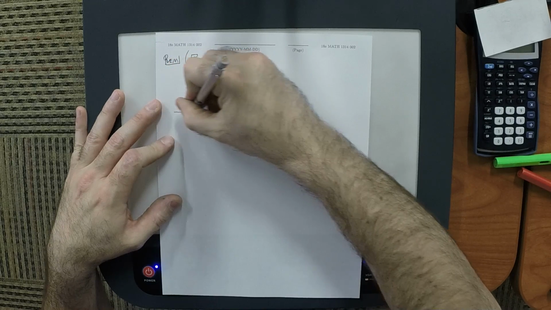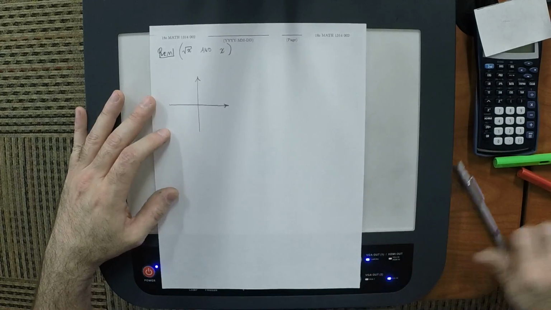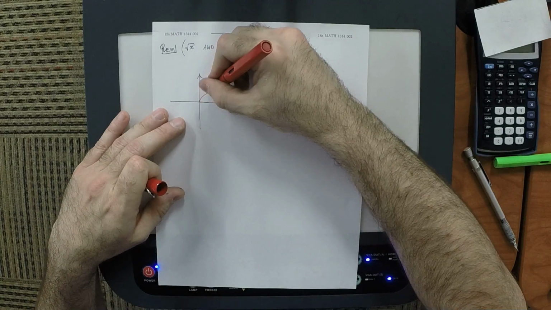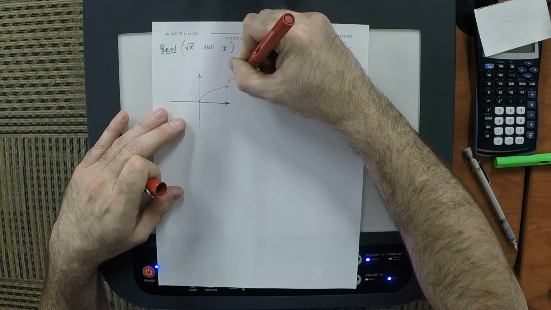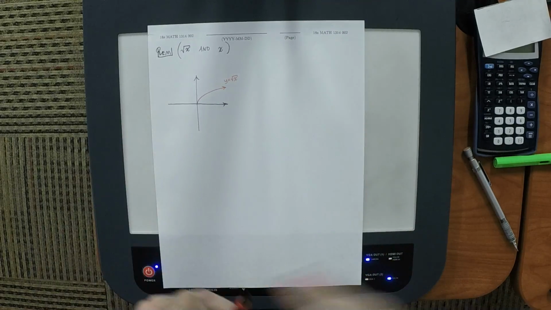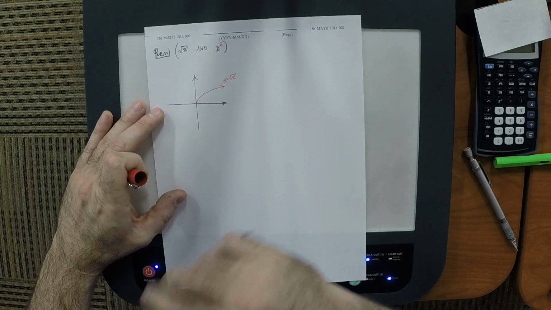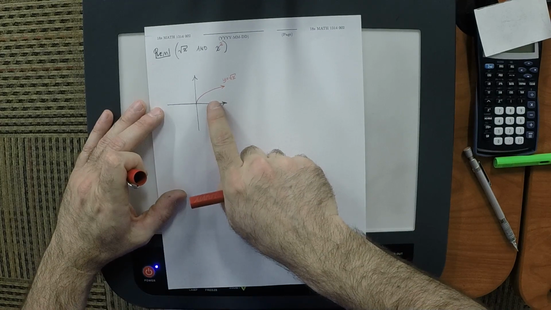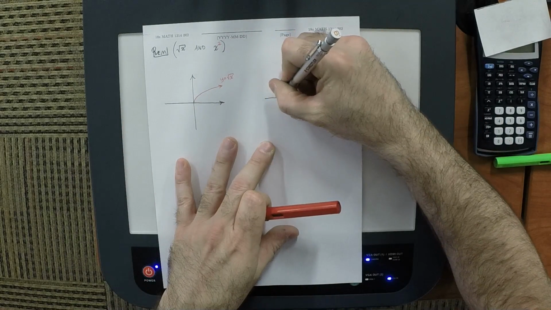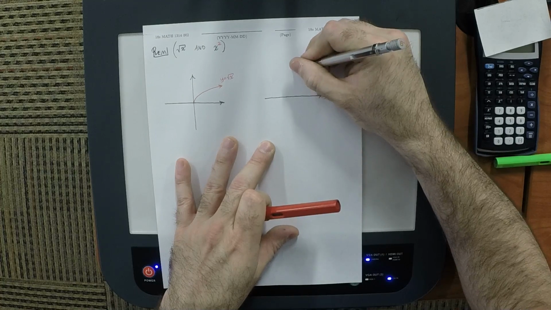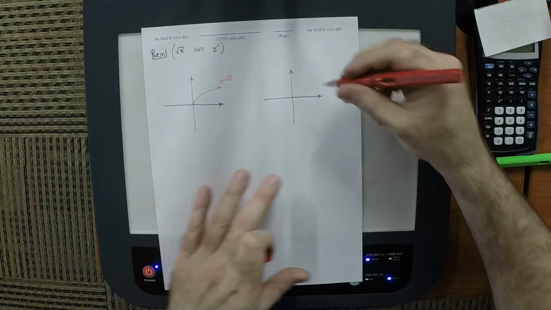Now, visually, if you plot the square root function, it looks like this. Should that be x squared up there? It should be. I left off this 2 right here. So that's y is the square root of x. So now I'm going to plot y is x squared, but rather than plotting all of it in red, I'm going to plot the right side in red, and I'm going to plot the left side in green.